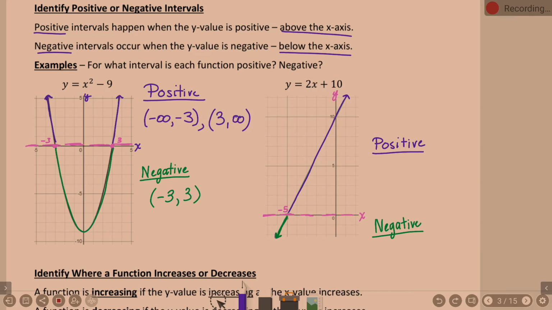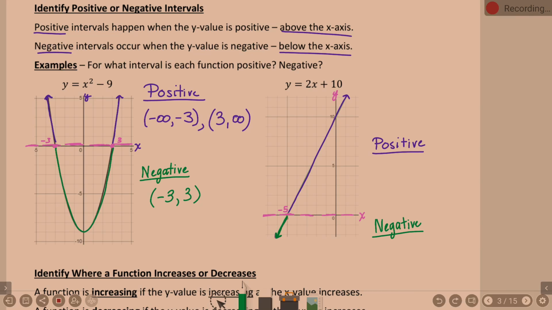Okay, where's my graph negative? Not partially. So negative 5 is our dividing point, yes? In terms of left and right of negative 5, where is it negative? To the left of negative 5, right?